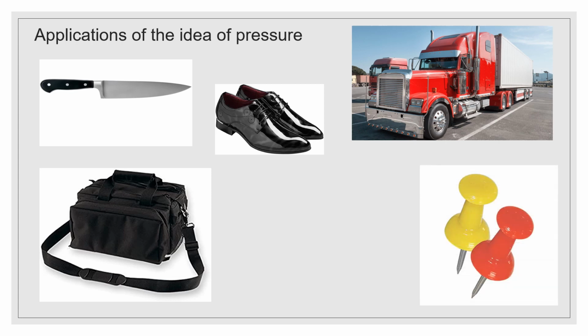The thumb tacks have very sharp tips, but we have to press at the back, which has an enlarged surface area. So we can exert a high pressure on the notice board while the pressure exerted on our thumb is low. So we are not wounded by it.